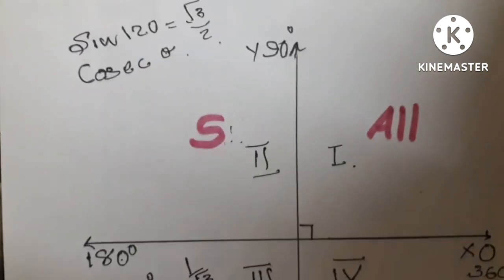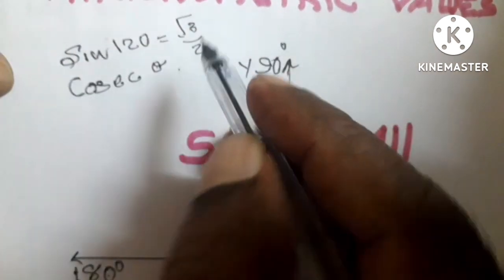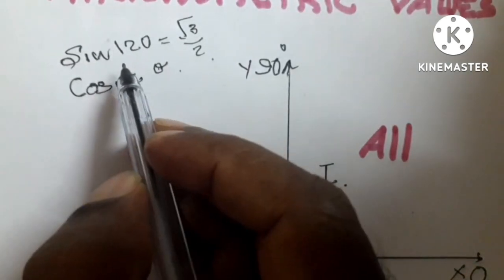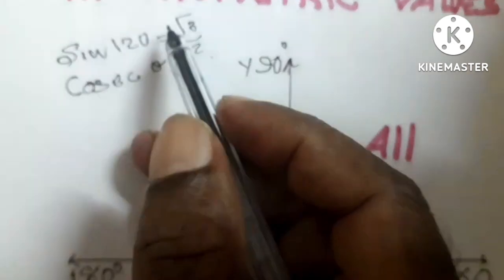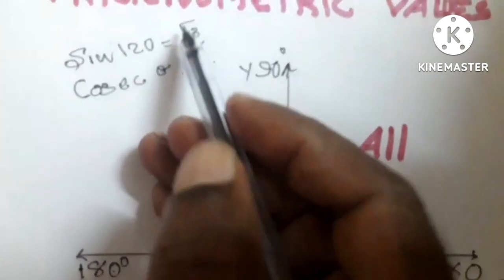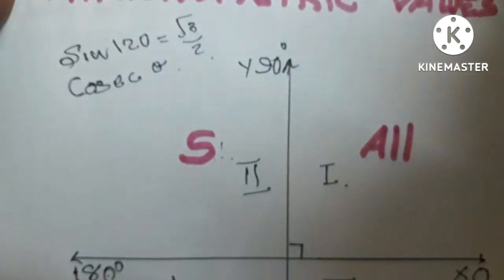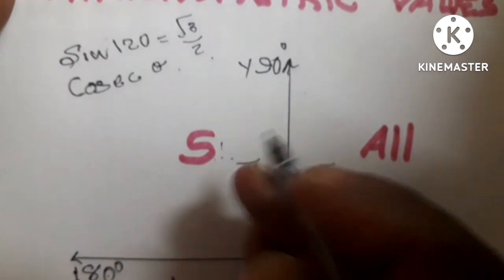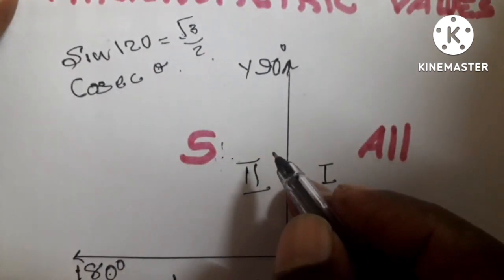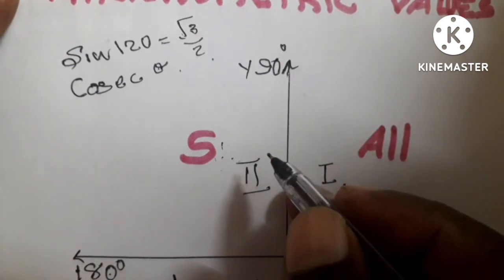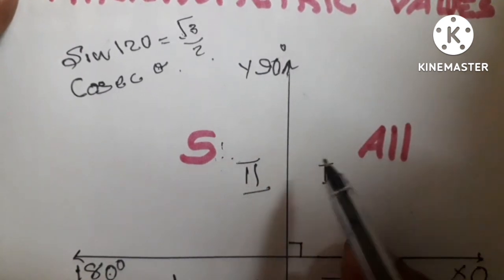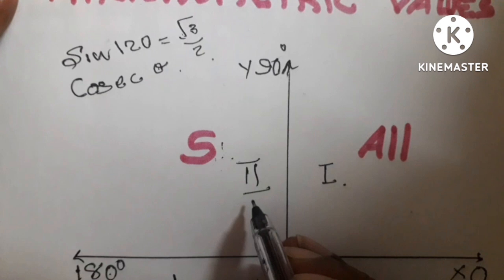In the second quadrant, take sine of 120 degree. We know that sine 120 is equal to root 3 by 2. Now whether the value is positive or negative: it is in the second quadrant.